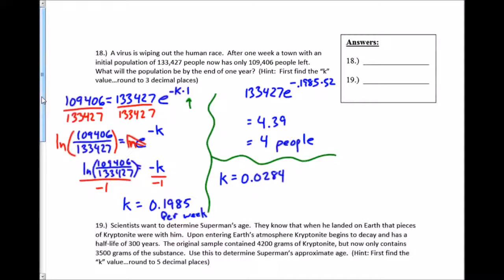And when I plug that in, with time being 365 for days, because this is per day, the amount of people that I end up getting is a 4.2, which rounds to 4 people either way, okay? So keep that in mind. If you have a different time signature for the k value, you'll get a completely different k value, but your answer to the second piece of this thing should be pretty much identical for somebody who did it in weeks, all right?